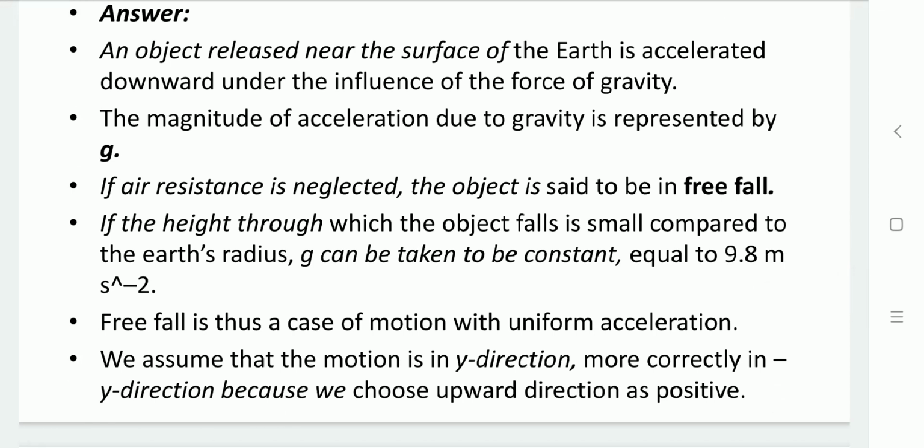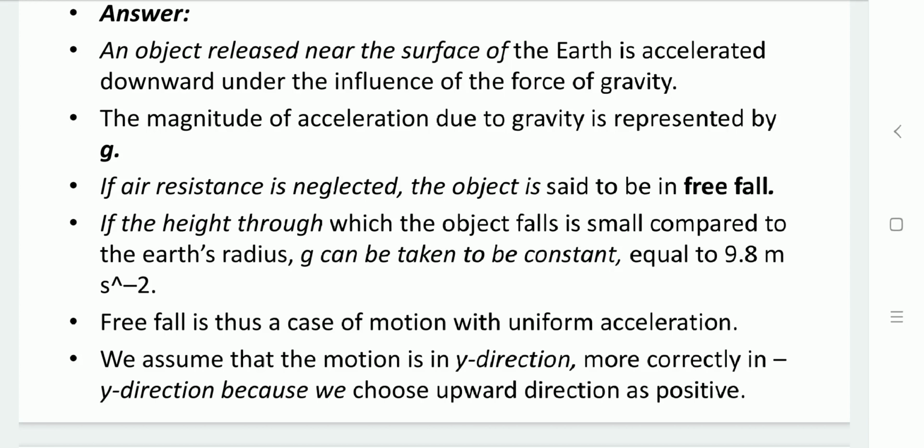So free fall is a case of motion under uniform acceleration.